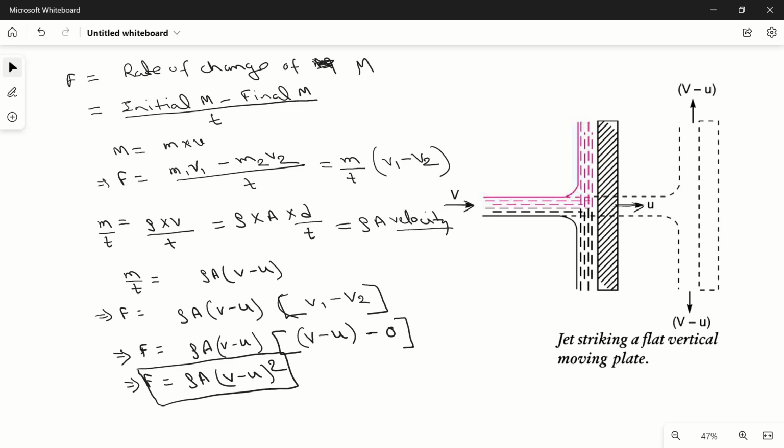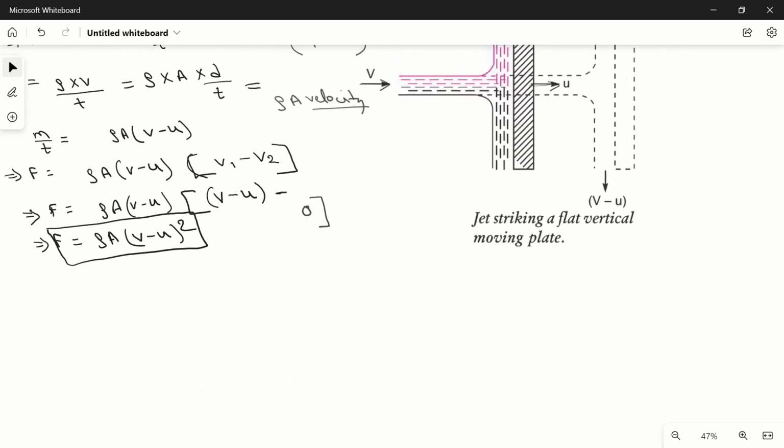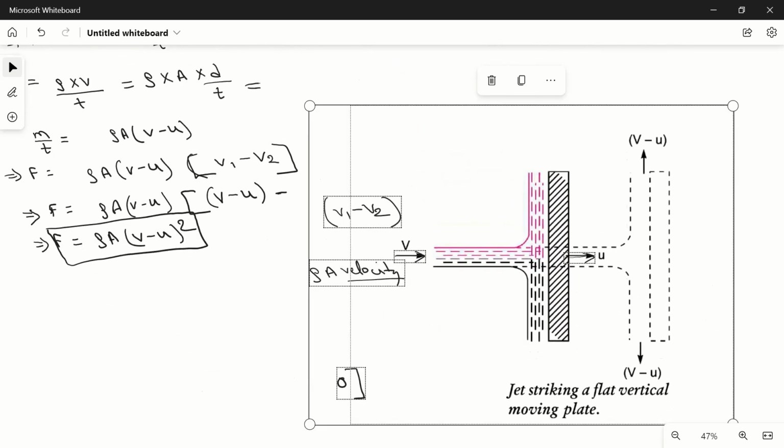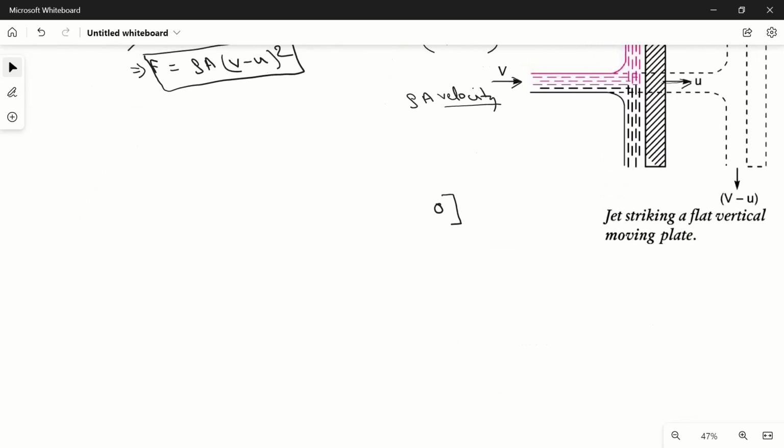So this is the force exerted by this moving jet with a velocity v on a vertical plate which is moving with the velocity u. Now if we have to find out the work done by this jet on this plate, then work will be equal to force into displacement.